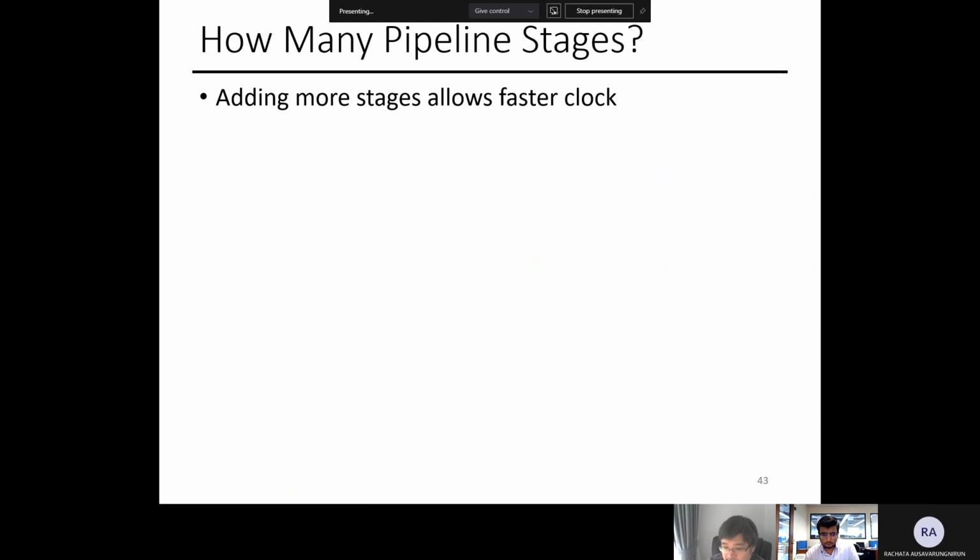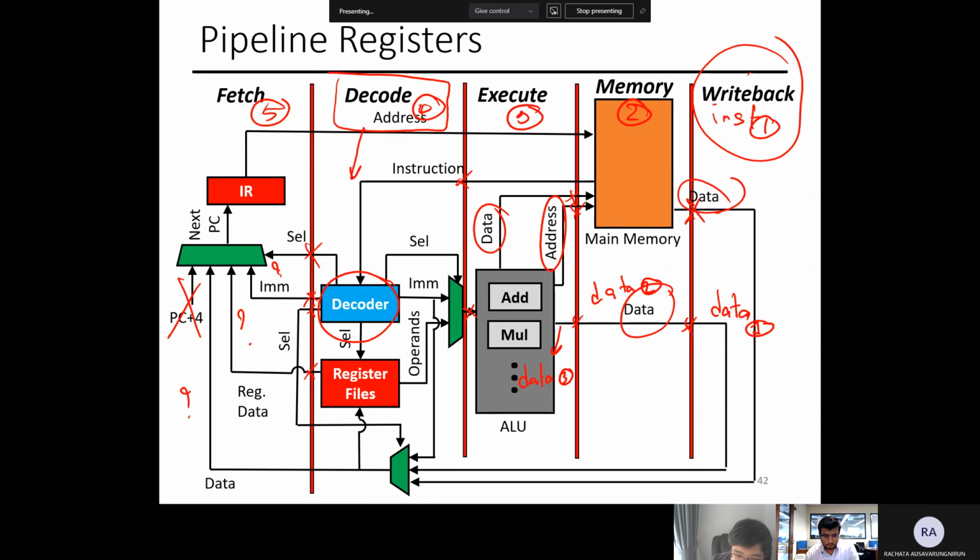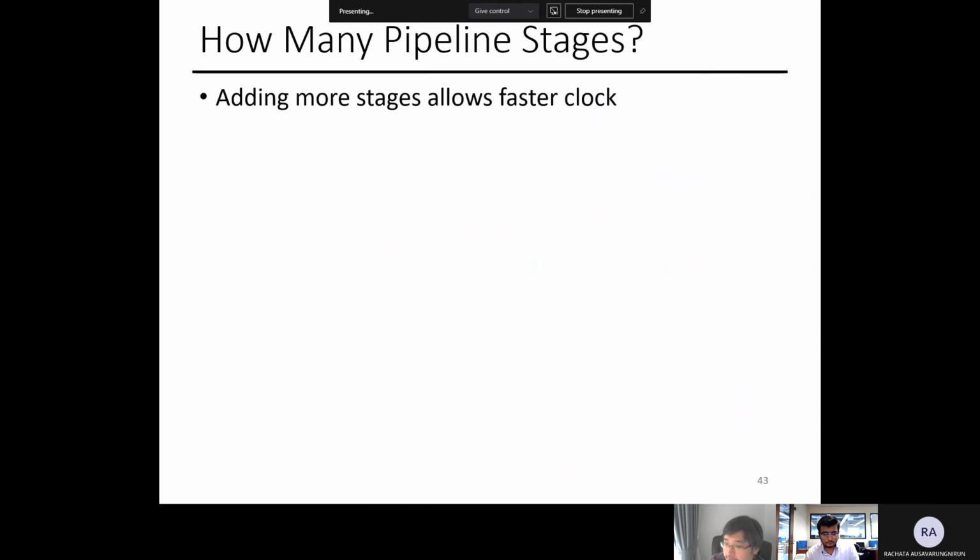Adding more pipeline stages, you can have a faster clock. The reason behind that is, let's say I slice my adder into 4 different stages, multiply into 10 different stages. Then I decrease the critical path, which means I can clock it faster, right? So that increases the clock rate.